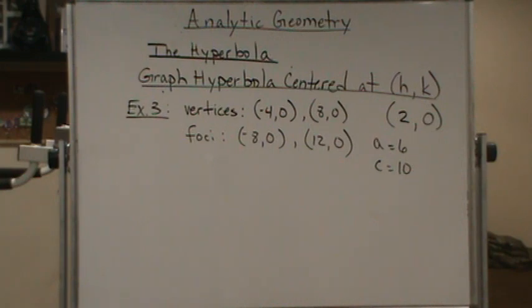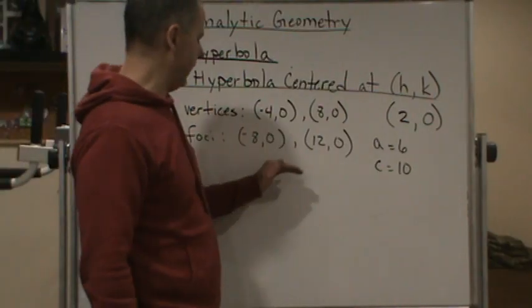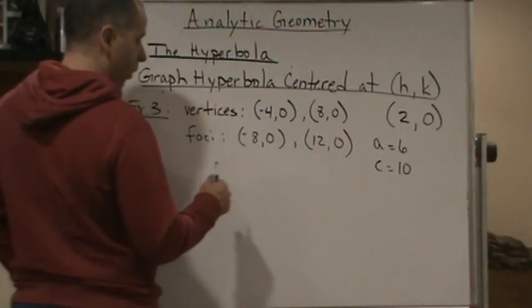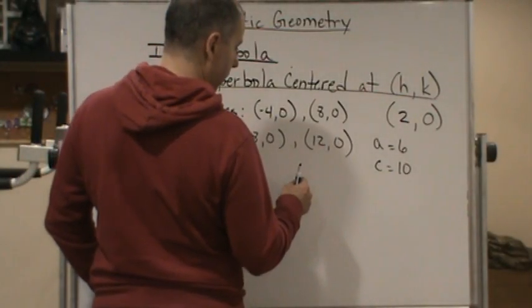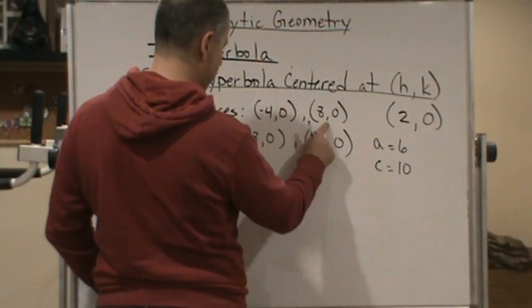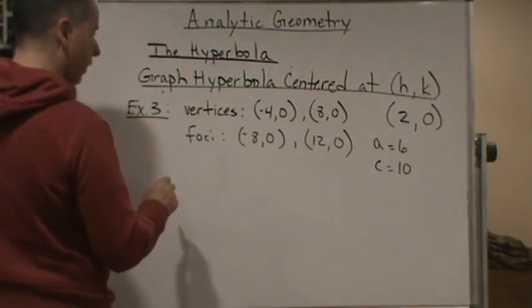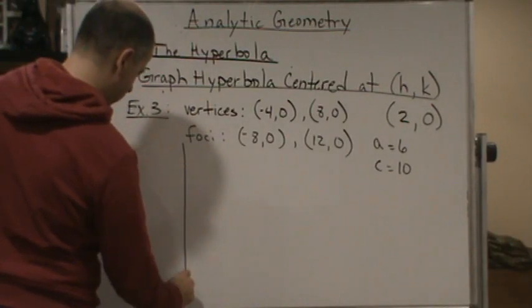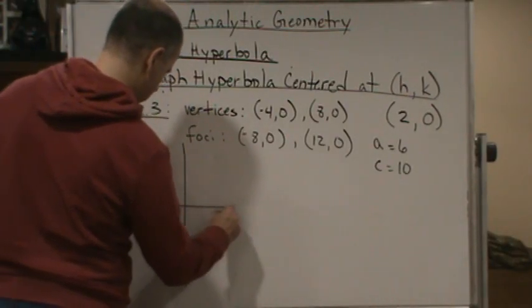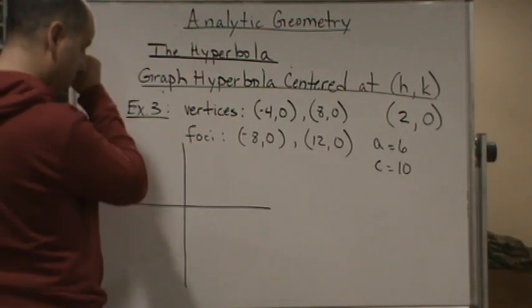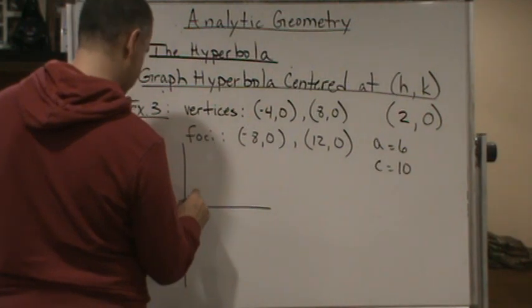The reference rectangle has to do with B. Now remember, B is going to go in the vertical direction. A is telling us where the vertices are located, so we already have the vertices. We know where those are located. So let's do this. Let's draw.